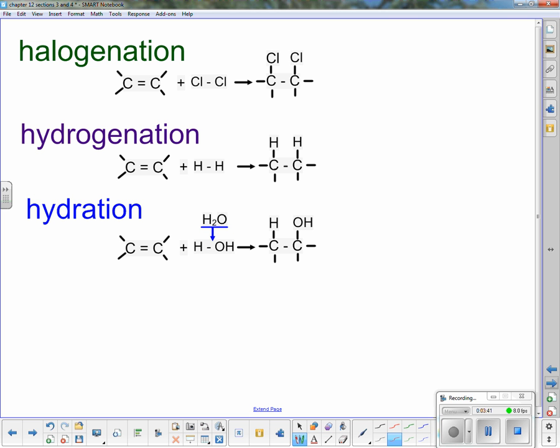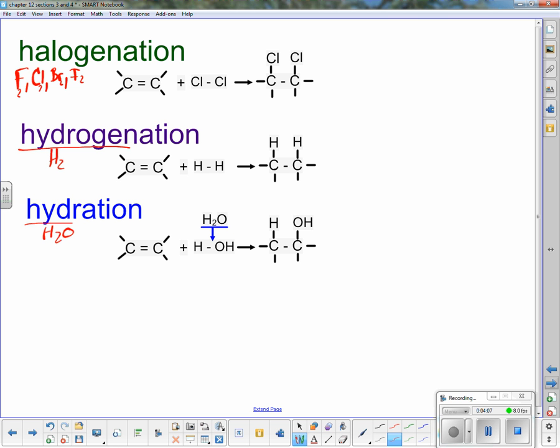With hydrogenation, you're putting hydrogen into the compound, and that's it. So hydration, water; hydrogenation, H2. And halogenation is anything in the halogens. That could be fluorine, chlorine, bromine, iodine, and remember those all come in 2s.